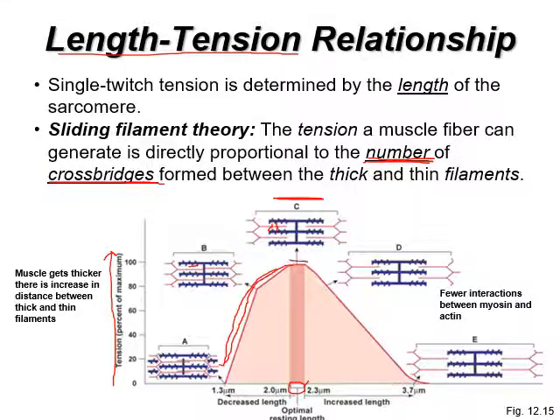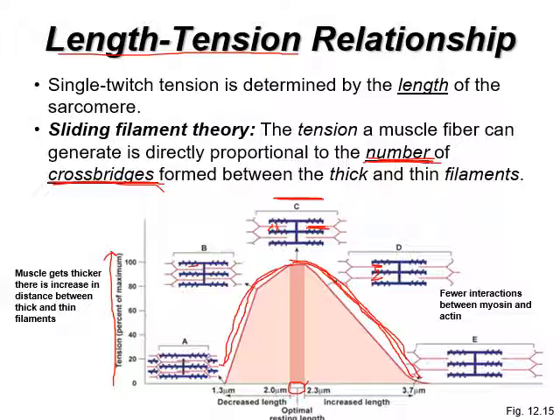Also, if we go the other direction from optimal, we stretch it. Is there as much interaction between myosin and actin here as up here? No, there is less. As we come down this way, there is less and less ability to create cross bridging, and therefore our tension decreases.